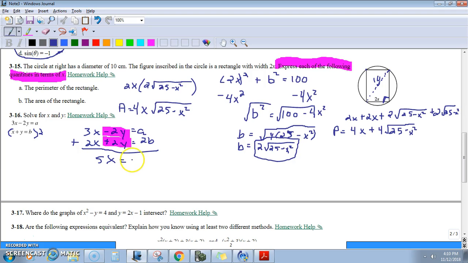So 5x is equal to a plus 2b, which means x is just equal to a plus 2b divided by 5. So that's one of our answers it wanted. This time let's go back and I'm going to eliminate the x. So instead of multiplying that bottom equation by 2, I'm going to multiply it by negative 3.